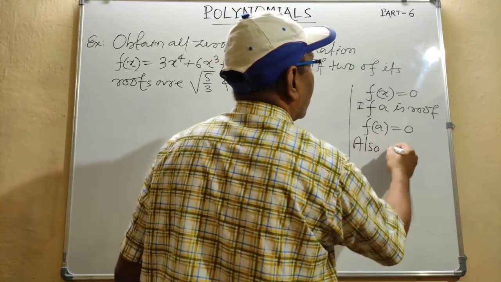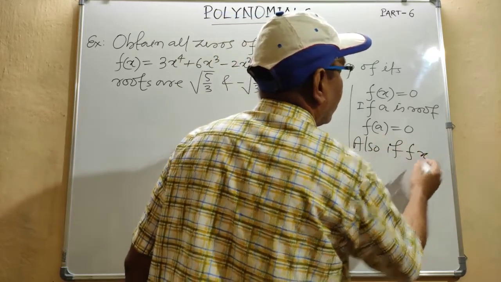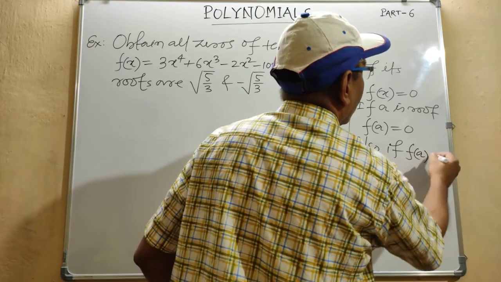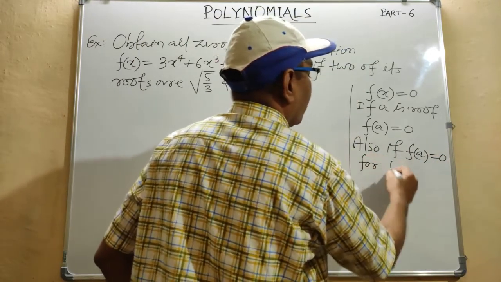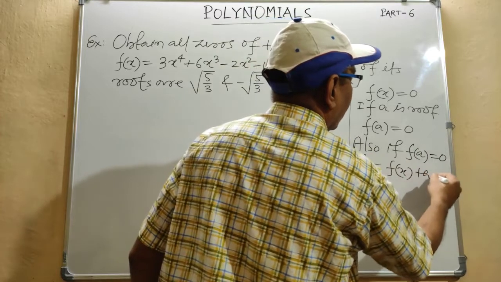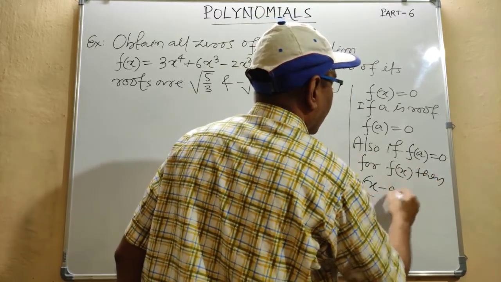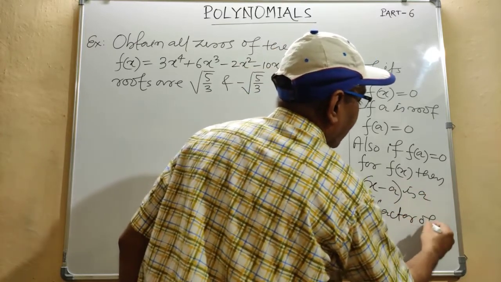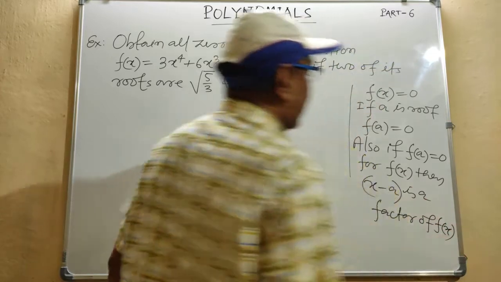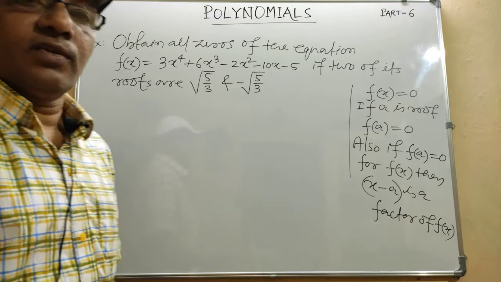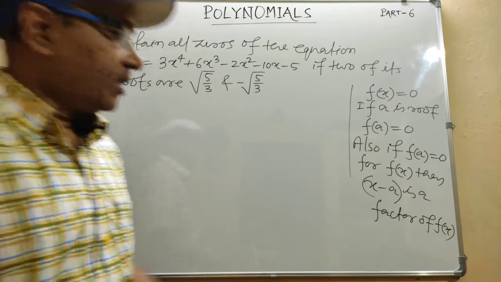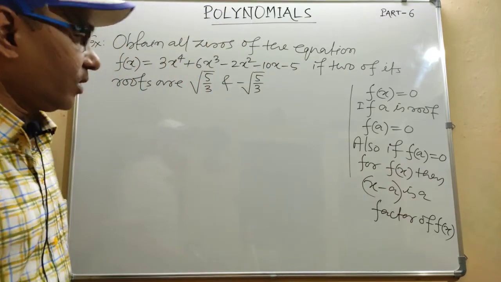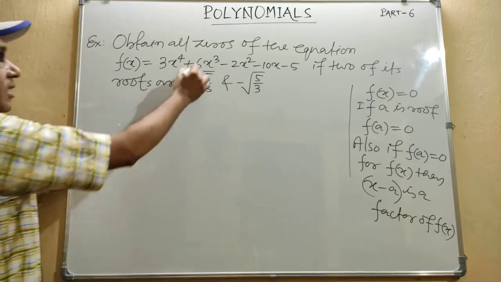Also, if f(a) is 0 for a polynomial f(x), then x − a is a factor of f(x). This we have read in the factor and remainder theorem. If f(a) is 0, then x − a will divide the polynomial f(x) completely.